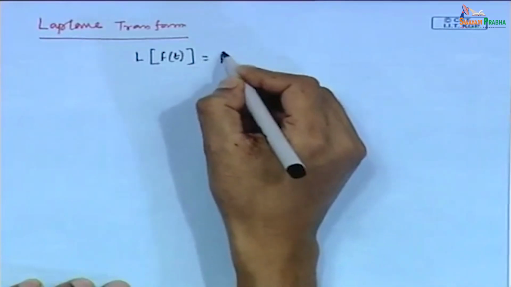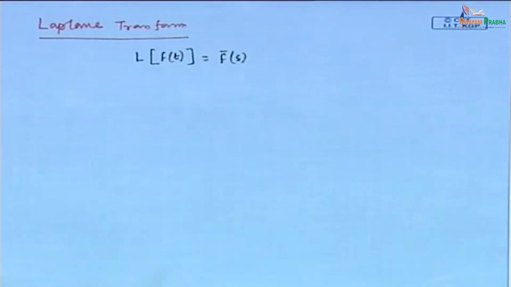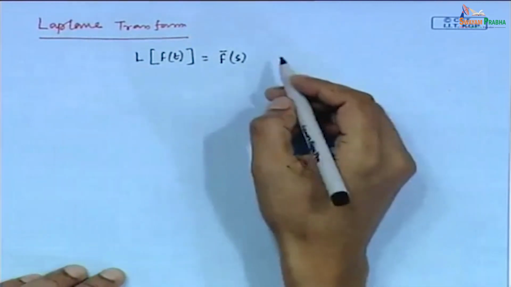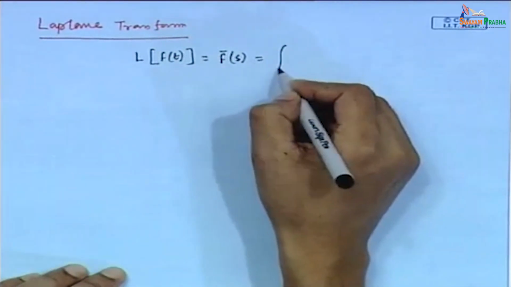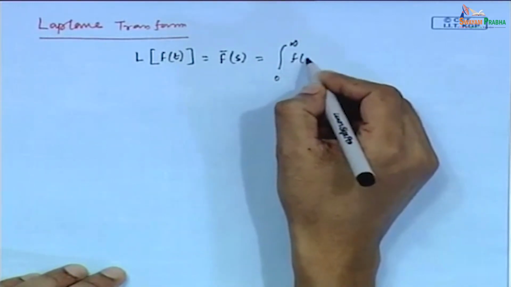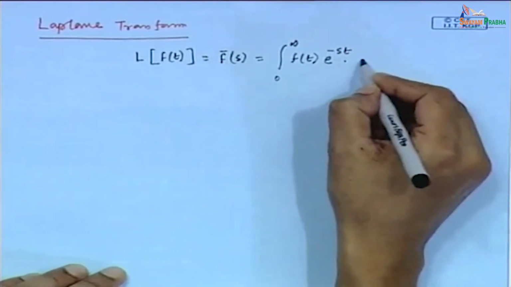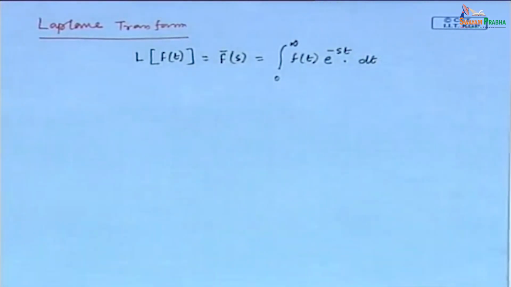This is equal to f bar s, the function which is written in Laplace domain, equal to integral from 0 to infinity of function of t e to the power minus st dt. This is a standard formula.